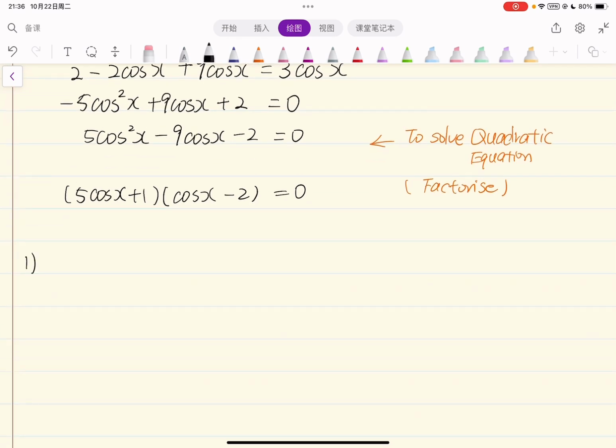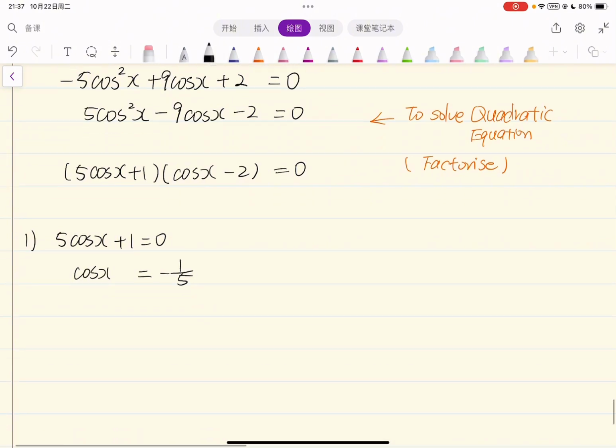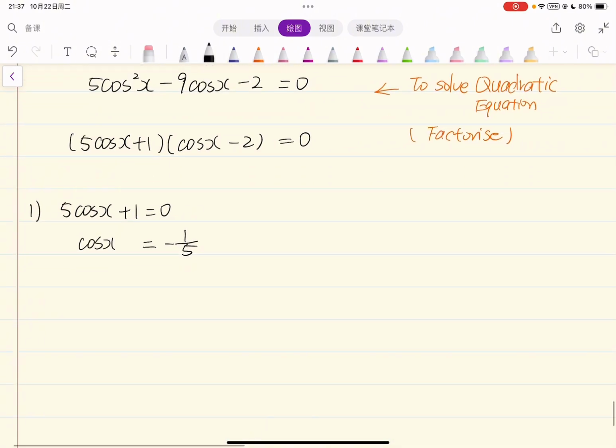The first one is 5 cosine x plus 1 equals 0, so cosine x equals minus 1 over 5. And thus we have x equals arc cosine of minus 1 over 5. By using a calculator, you will get 101.5 to 1 decimal place.